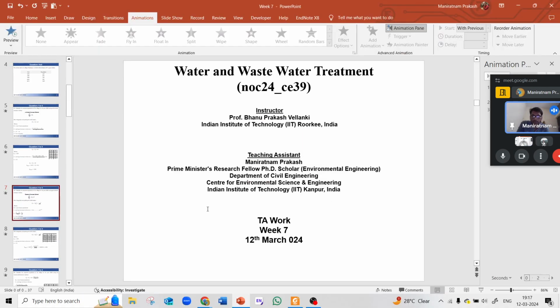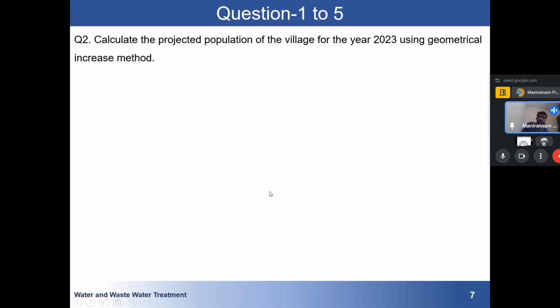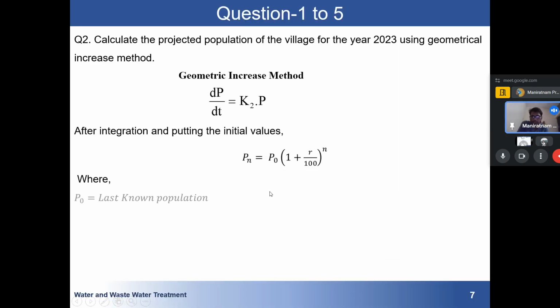Here I have made one mistake, it will be m. Sorry. So we are taking the geometrical mean, and we know that it is given by this formula.